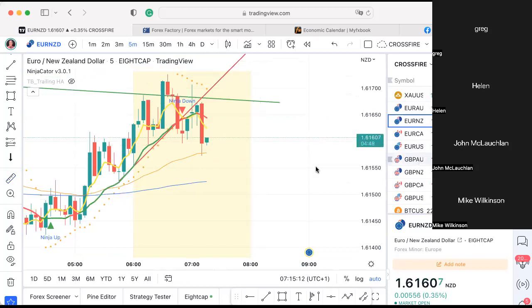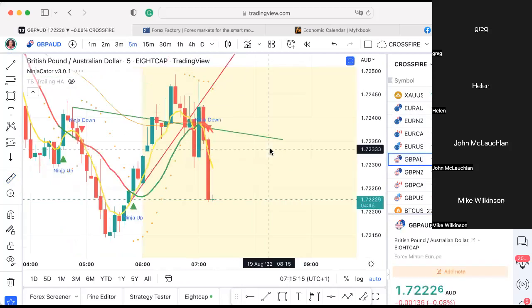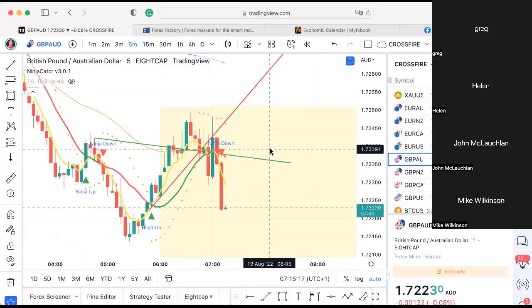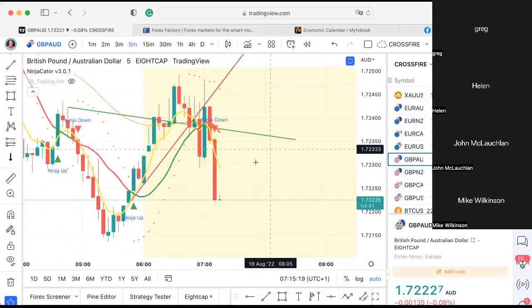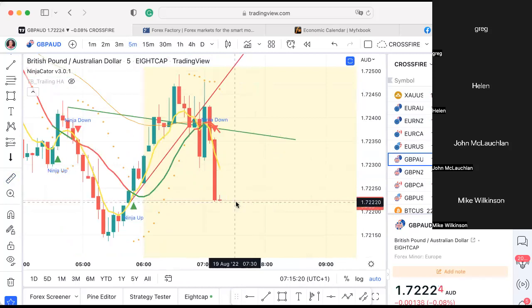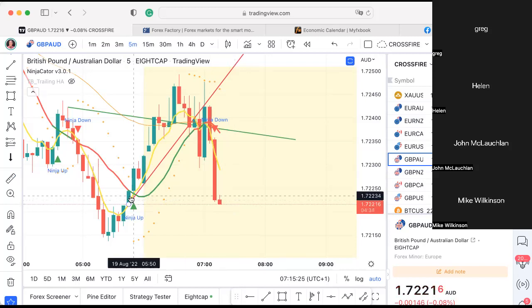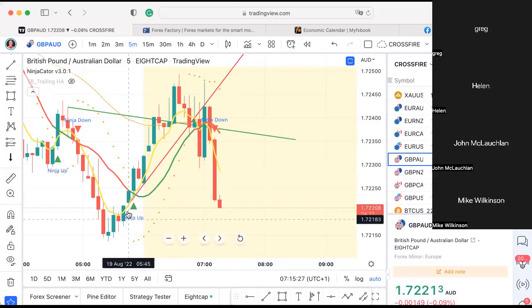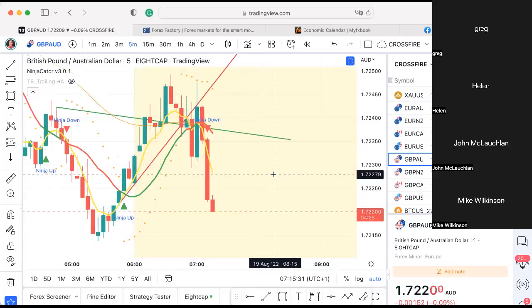So GBP AUD. It's gone down, taken out a little bit of this imbalance here, but there's a bit more to go. So that could be going down.